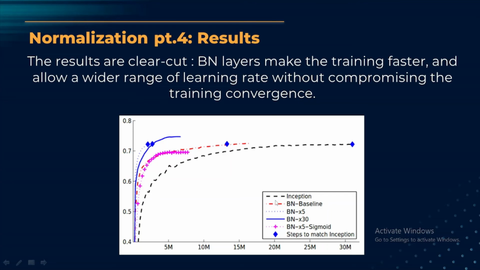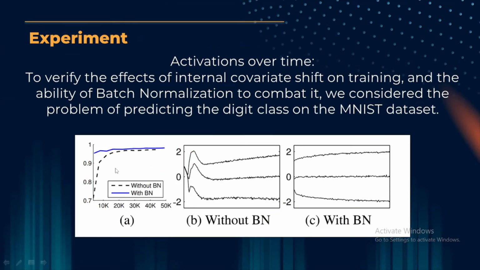As you can see here, we have the Inception, batch normalization baseline, etc. So the experiment: activations over time, to verify the effects of internal covariate shift on training and the ability of batch normalization to combat it. We considered the problem of predicting the digit class on the MNIST dataset. So this is without and with batch normalization.